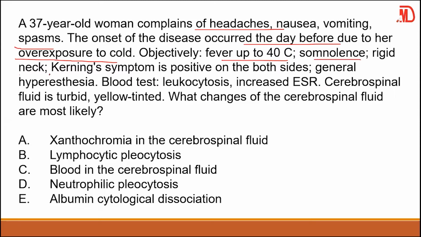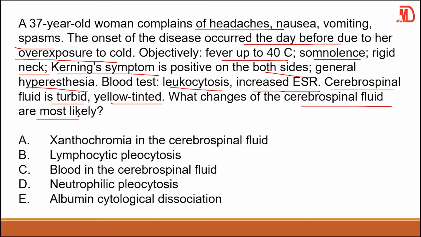Somnolence, rigid neck, Koenig's symptom is positive on both sides. General hyperesthesia, leukocytosis, increased ESR. But you see, because they've mentioned Koenig's, there's no way they'll not check CSF. So cerebrospinal fluid is what? Is turbid, yellow tinted. What changes of the cerebrospinal fluid are most likely?